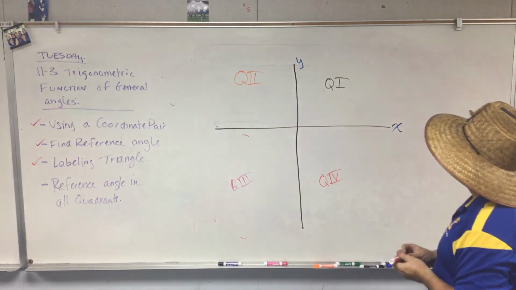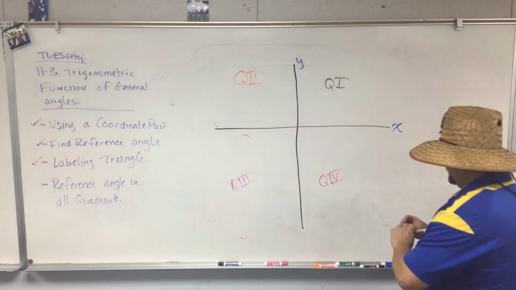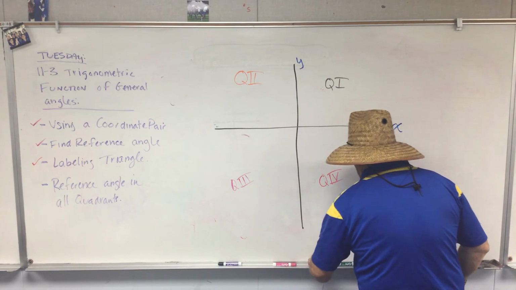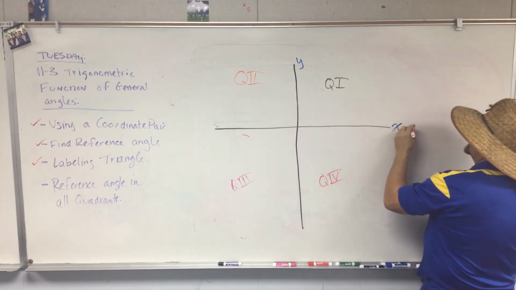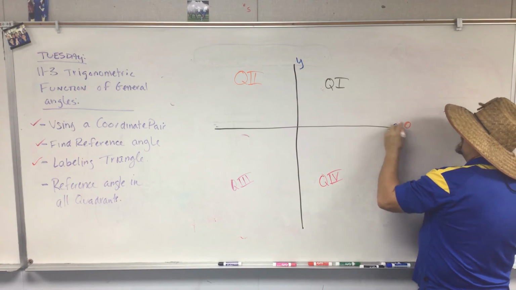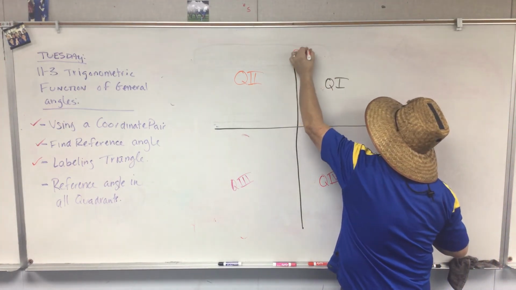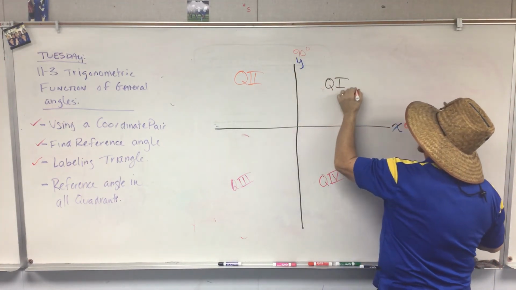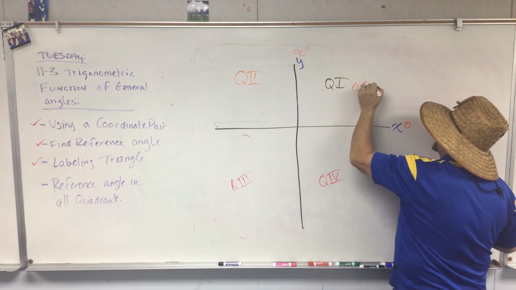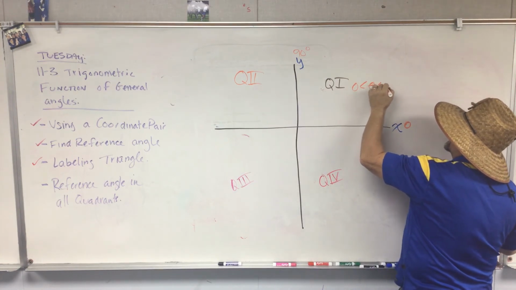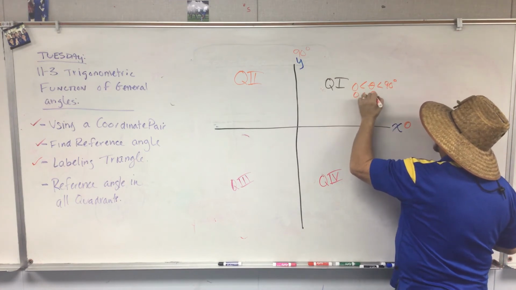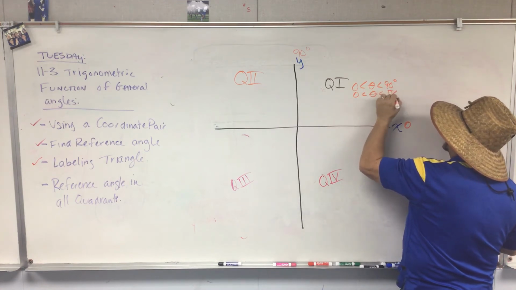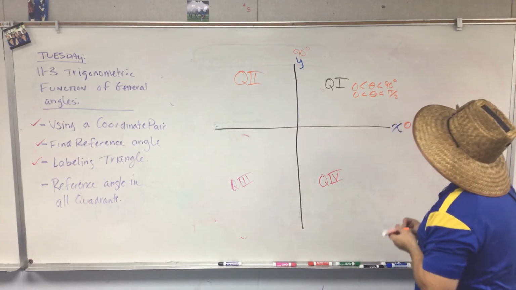All right, so let's look at this. If we look at this in quadrant 1, from 0 to 90 degrees, so our theta is going to be between 0 and 90 degrees, or between 0 and pi over 2 if you converted this into radians.